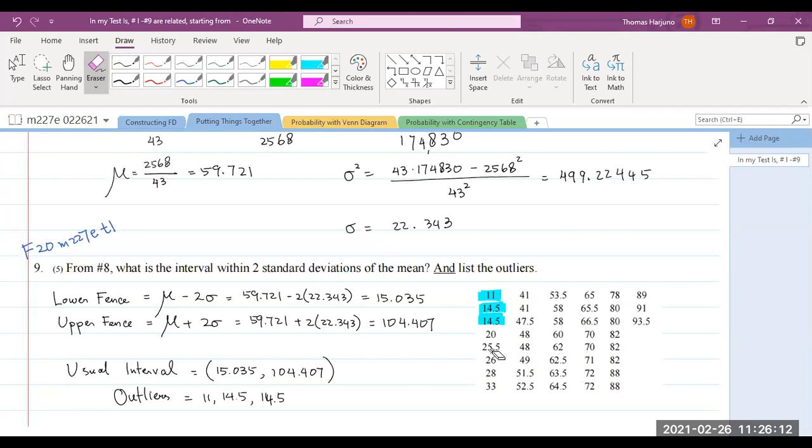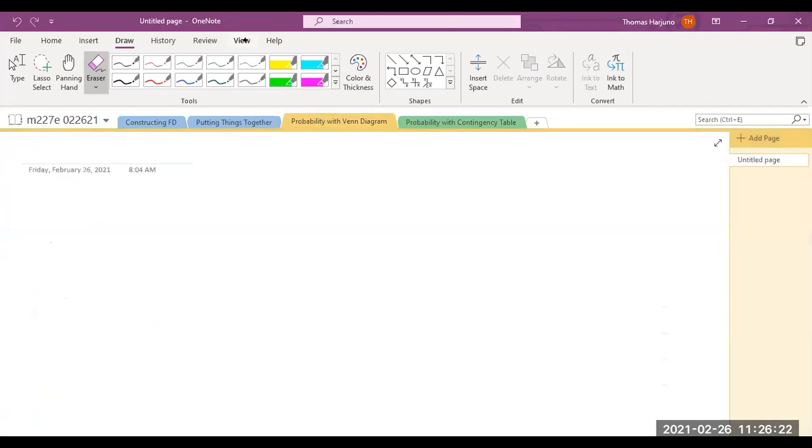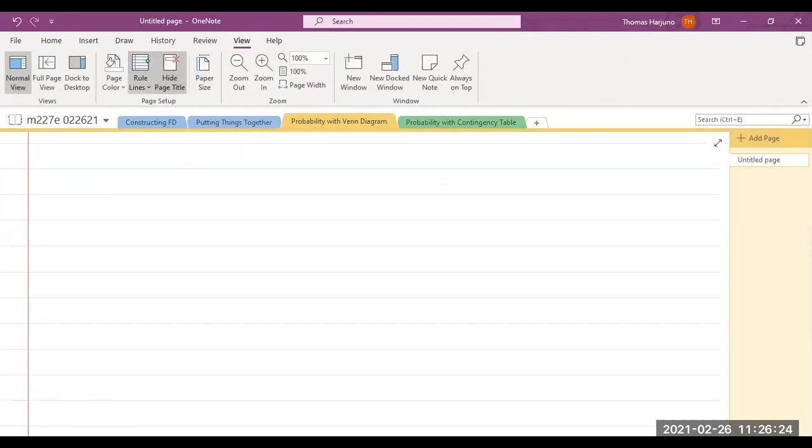Now let me go ahead to the next part, that is probability with Venn diagram. My assumption, again, is that you already watched lesson 3 from announcement 3. I purposely chose this question for 2020 because question number 10 relates to the data again.